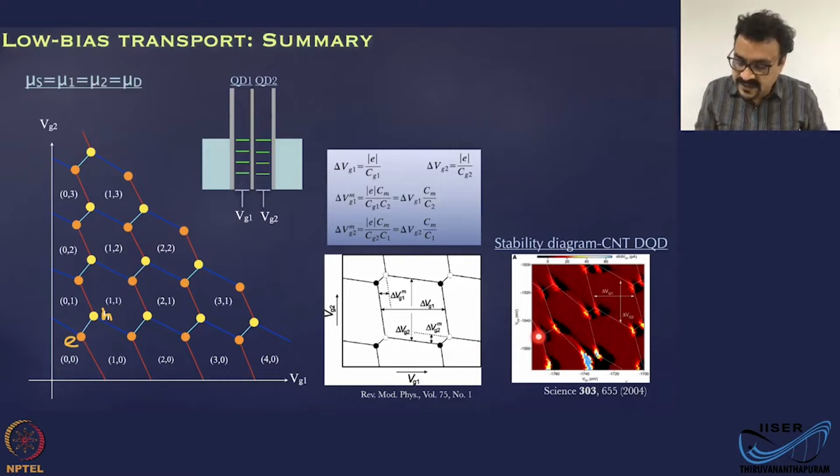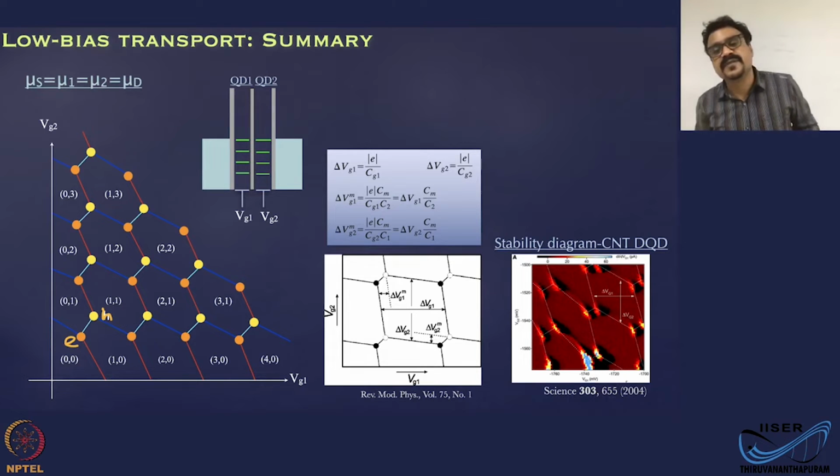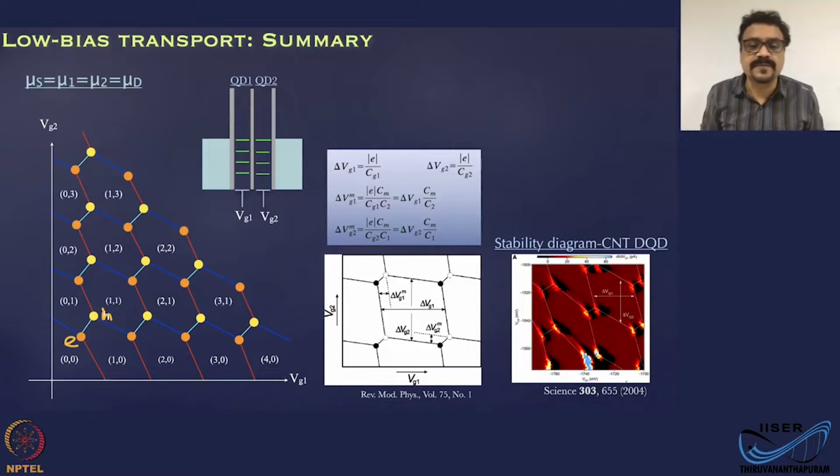As we discussed, there are hexagonal regions, and the non-zero current is only there at the corners of the hexagon. Those are the triple points. So that is the summary so far. Inside the hexagon, the charge state is stable, the number of electrons cannot change, and current is possible only at the edges of these hexagons. Those are the triple points where 3 charge states are degenerate, by which you get current flow in a sequential manner.